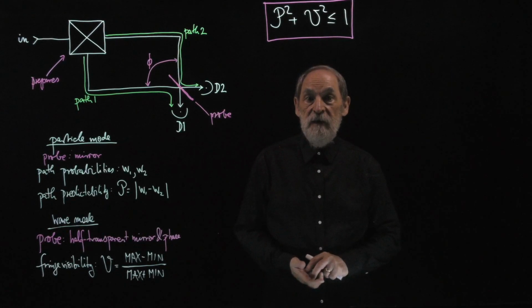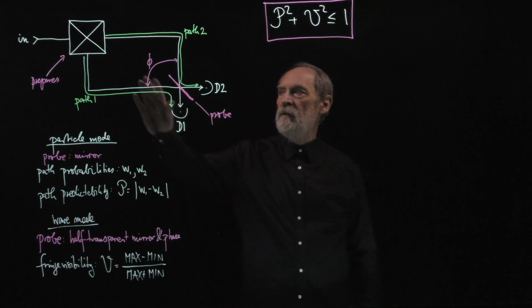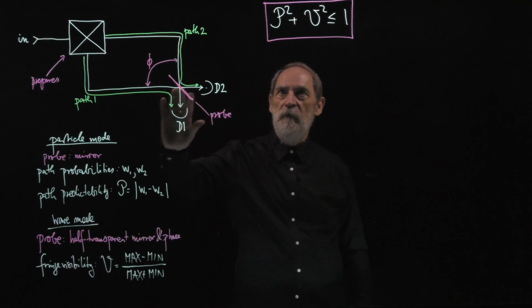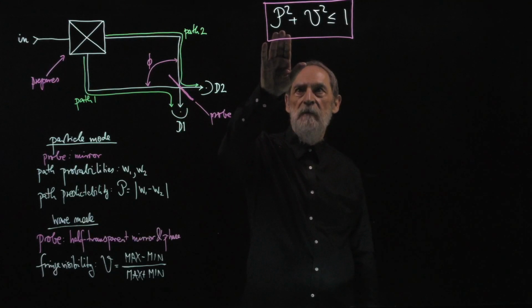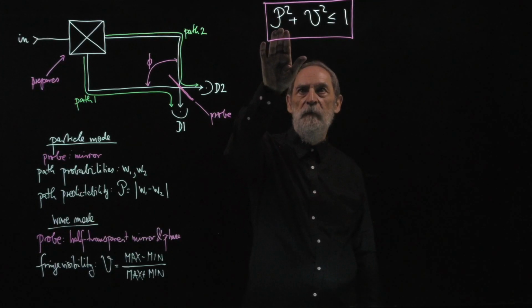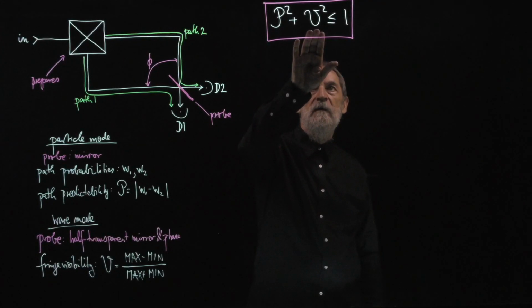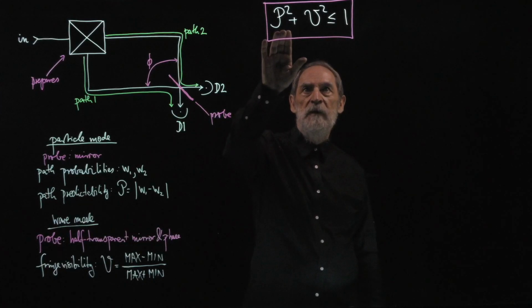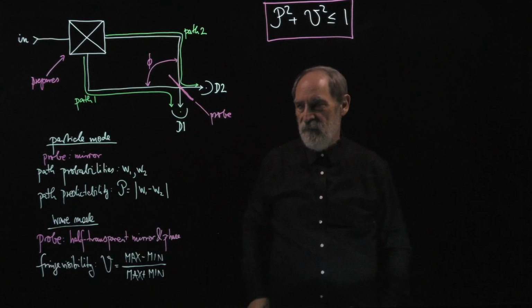So now let's add a twist to what we have done. We have seen that if we operate the interferometer, we will have particle properties quantified by the predictability, wave properties quantified by the visibility, and P² + V² is less than 1.